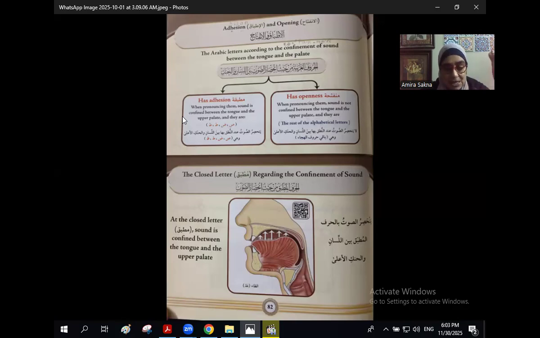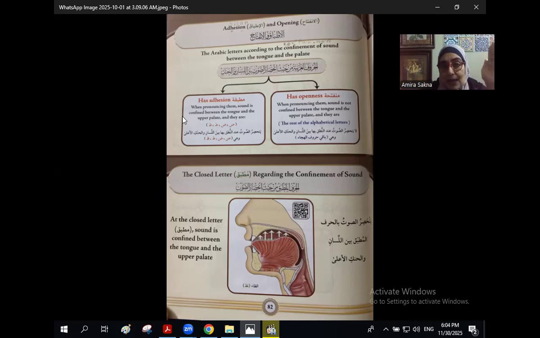My dear sisters, I would like you to remember that when we were talking about the third characteristic, elevation against lowering, al-isti'la against istifal, we were talking about the direction of the sound.